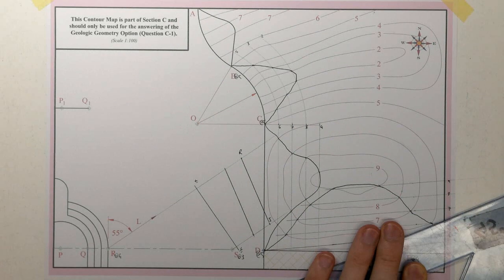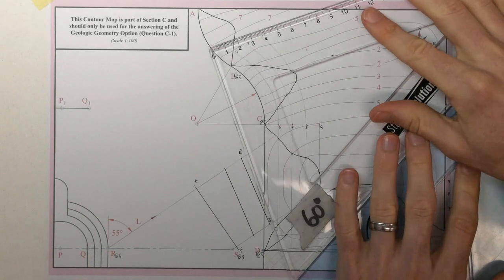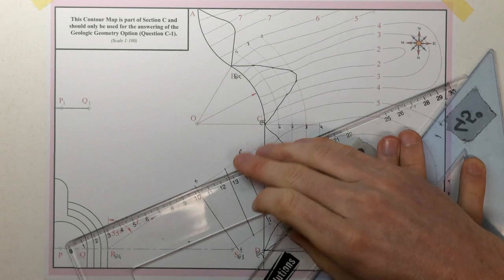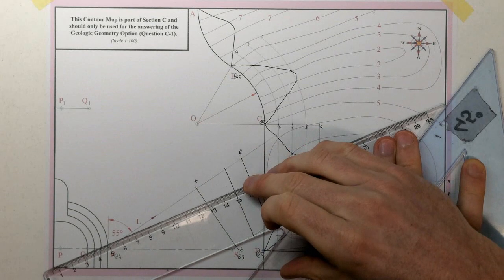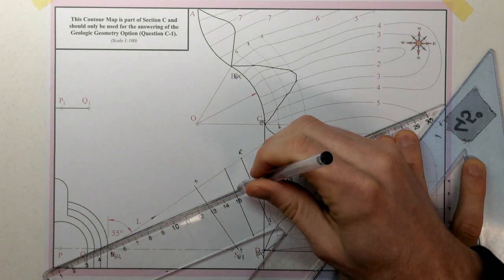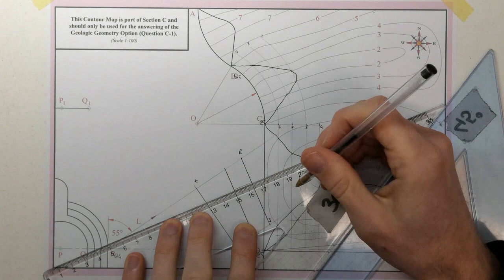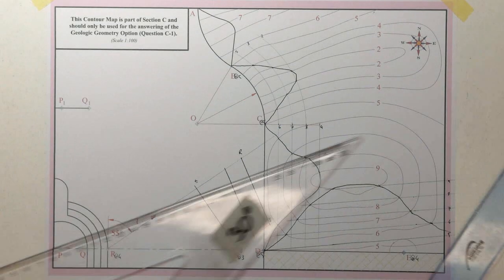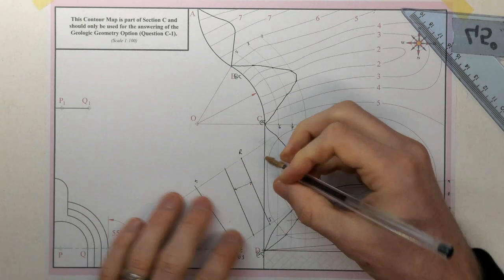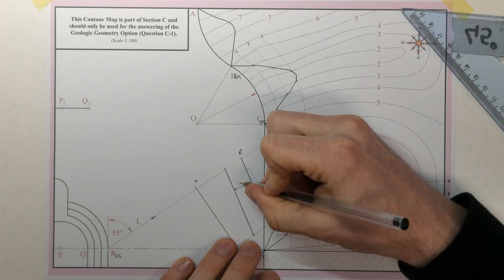Okay, and the thickness is going to be perpendicular, so let's draw a perpendicular line to show it. So this is our thickness, and it is 1.4 meters. So thickness there is 1.4 meters.